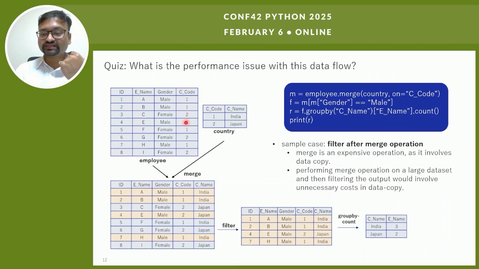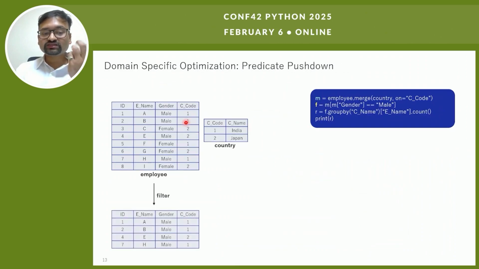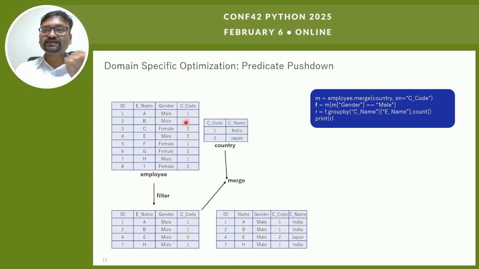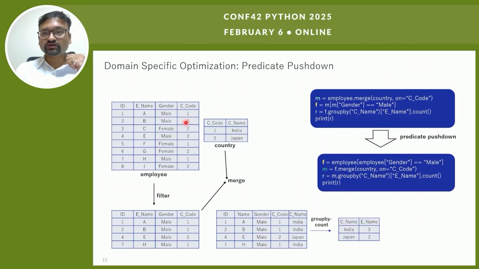We could instead first filter only the male category from my employee table, and then do the merging operation followed by the group by count. It will be of great benefit when you have, say, a 50-50% employee ratio, or very few male employees, because it can reduce the data to a great extent, and the merge will not take much time in that case.